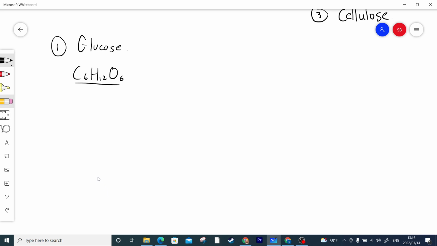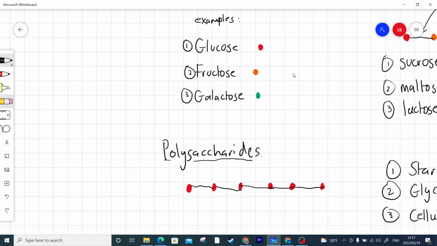This is how you draw glucose. You need to know how to draw an alpha glucose. I'm going to explain what this is in a second. You need to know how to draw an alpha glucose molecule. You need to know how to draw a beta glucose molecule, and then you need to know how to draw a ribose. This is another example of a monosaccharide that I left out. Let me go and add it.